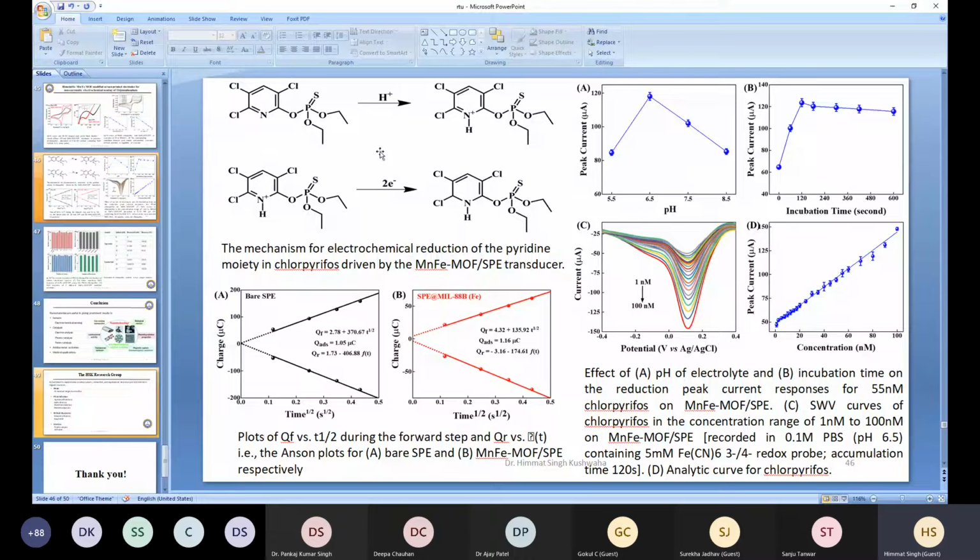It is adsorbed over the surface of the sensor, then reduced, and due to this reduction the electrical signal is generated.